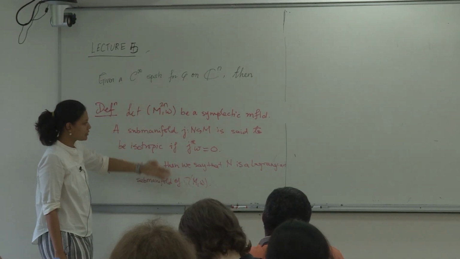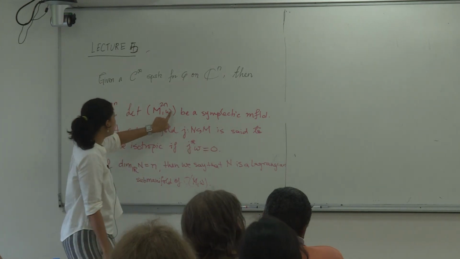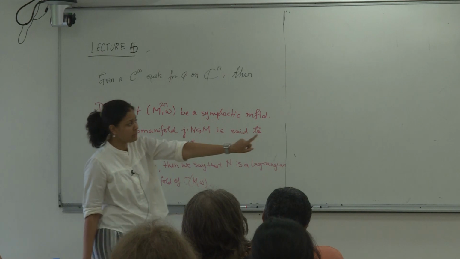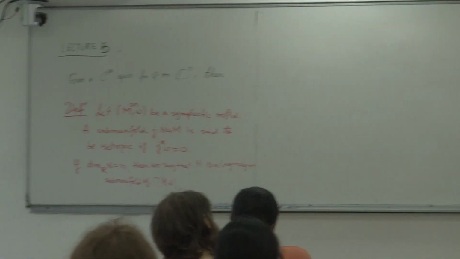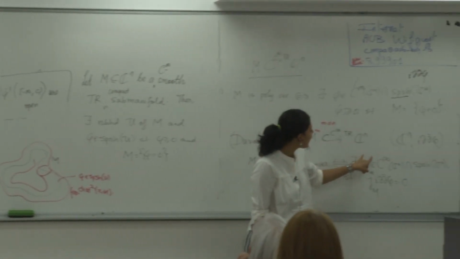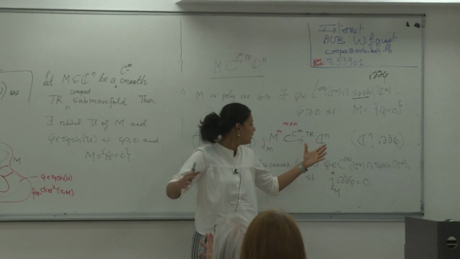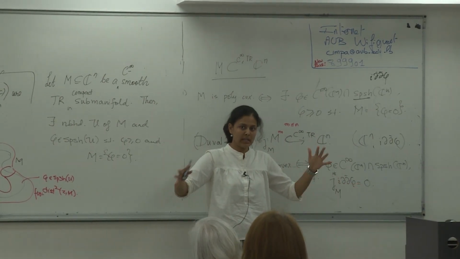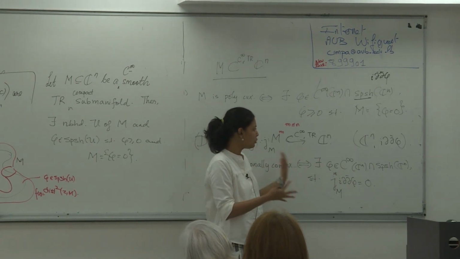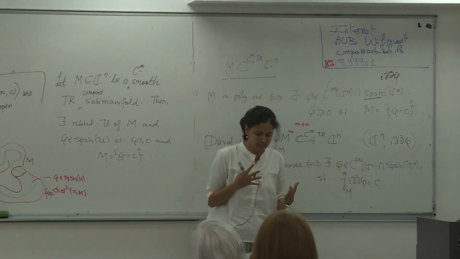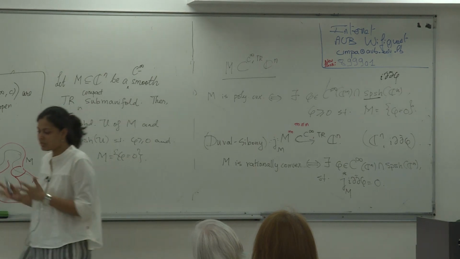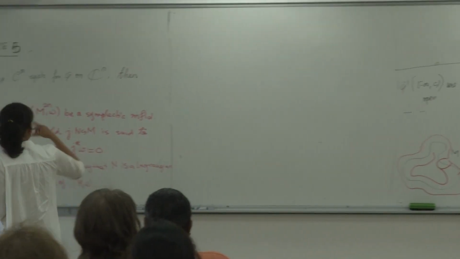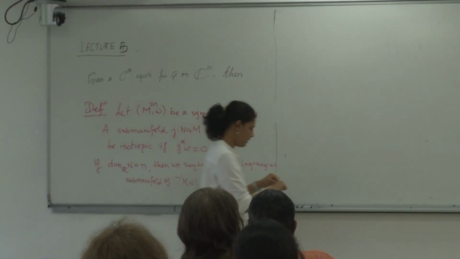But the way this construction goes, you can make sure that this form, if you're in Cn, and I'm talking about the Duval-Sibony result, outside a large ball is just the standard form, or some multiple of the standard form. In that case, you do have a symplectomorphism, so you can essentially think about Lagrangian submanifolds with respect to the standard symplectic form, which is coming from the norm z square function.